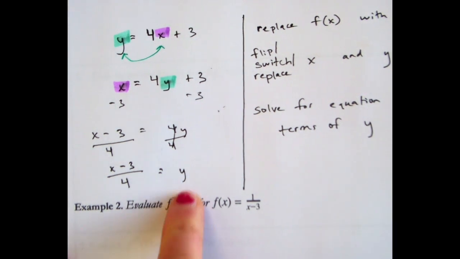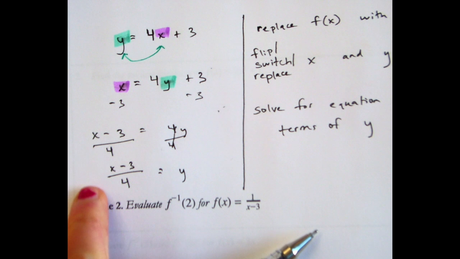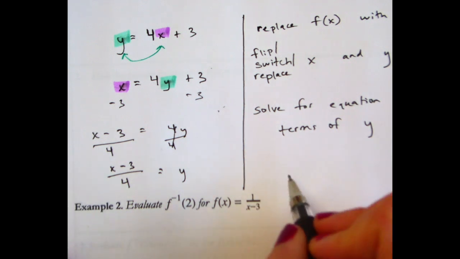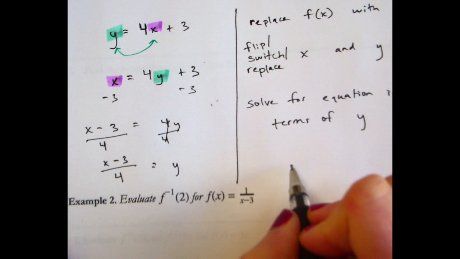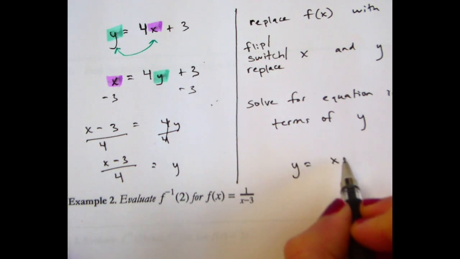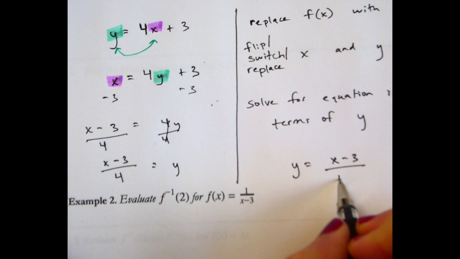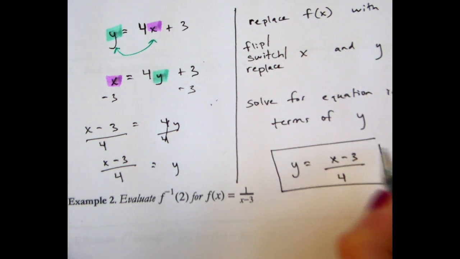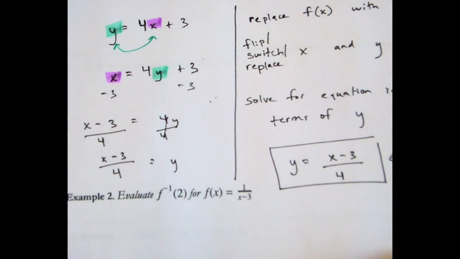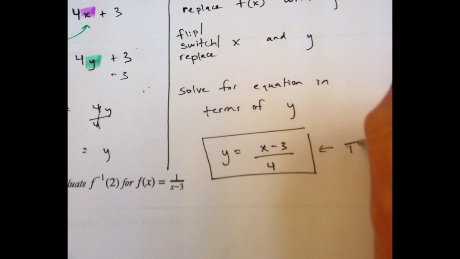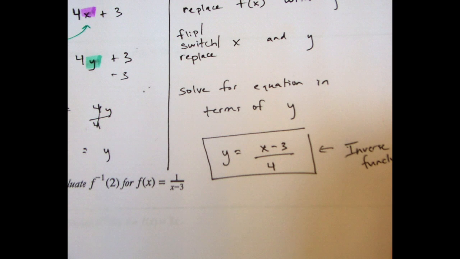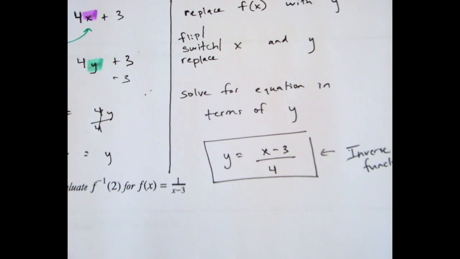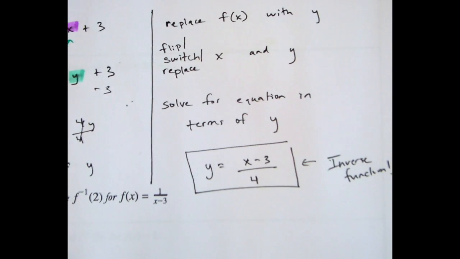We're normally used to seeing y on the left side of the equation, so I might just do that for my final answer. So I ran out of room, but over here I might write y equals x minus 3 over 4. And that is my inverse function that I just found. So I'd say this is kind of a 3-step problem.